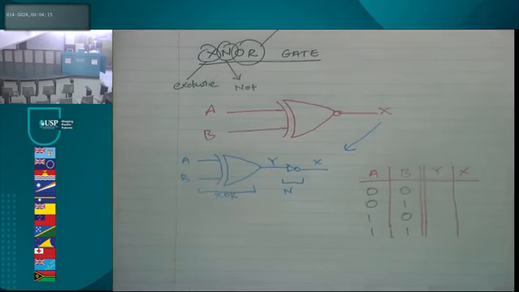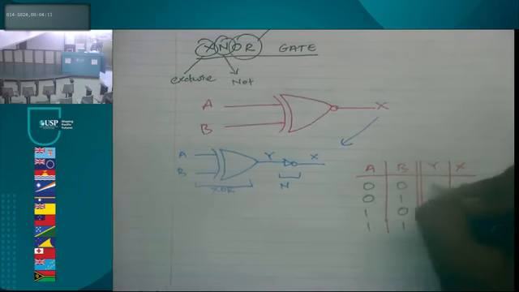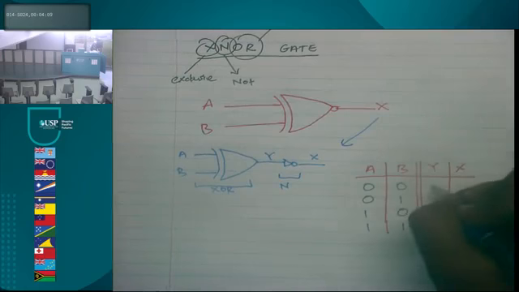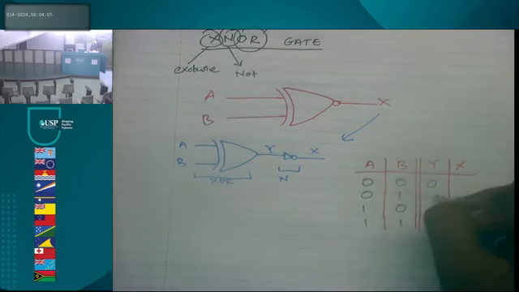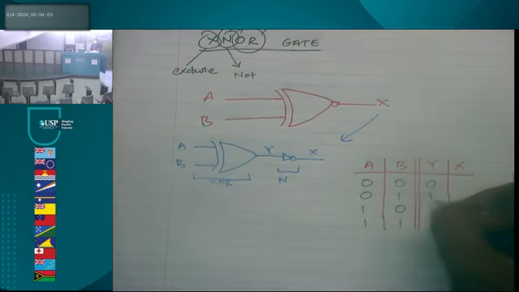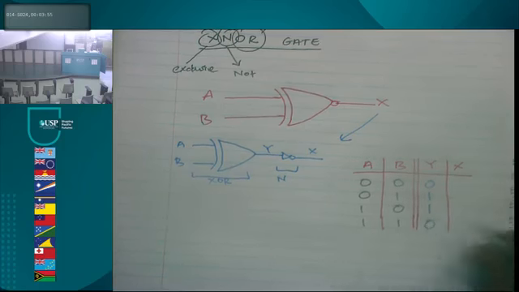So guys, how was the truth table for XOR? What were the outputs? 0, 0 will be? Anybody? 0, okay. 0, 1? Right. 1, 0? Okay. 1, 1? Okay, thank you. So what do you think?